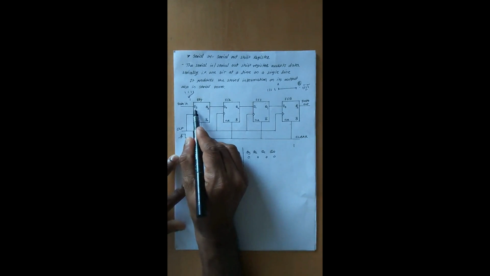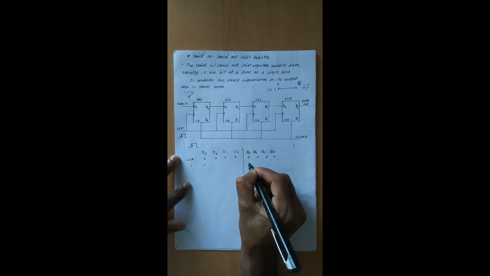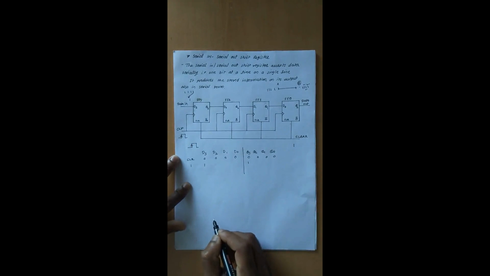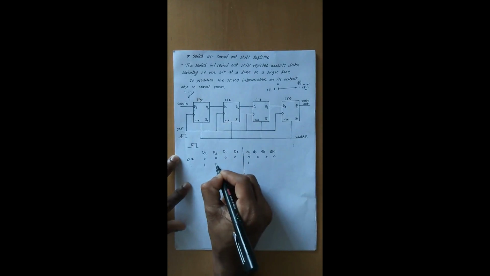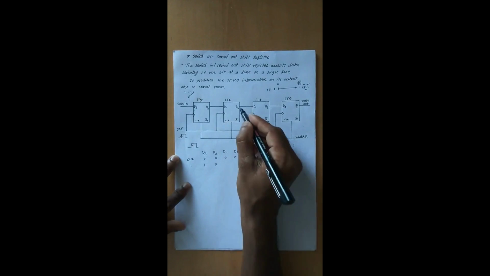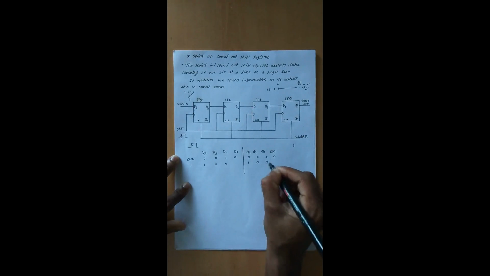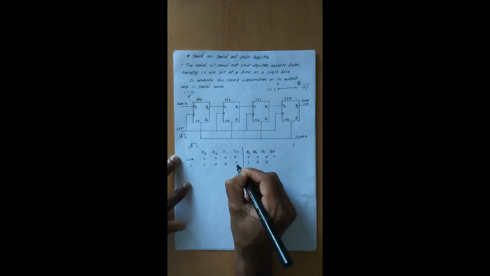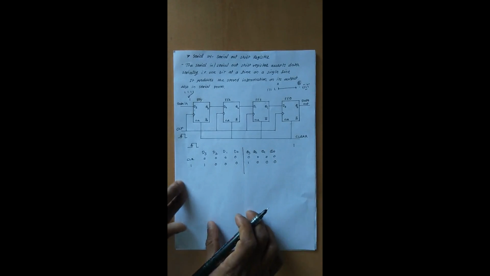This D3 bit is present at the output as Q3, so Q3 is 1. But the contents of all the other flip-flops are 0. So D2 is 0, definitely Q2 is also 0. If D1 is 0, Q1 is also 0. D0 is 0, so Q0 is also 0. This will be the status after applying the first clock pulse.